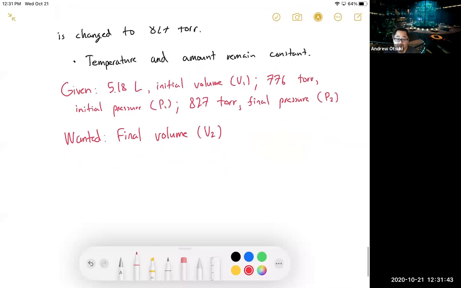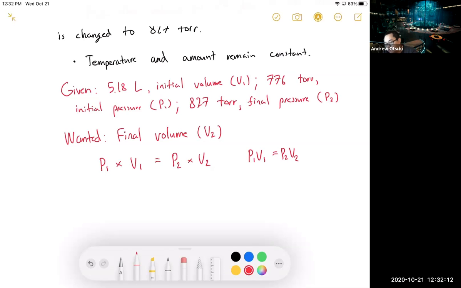So let's specify which equation we should use. We should use P1 times V1 equals P2 times V2. Just note that this is also written as P1V1 equals P2V2. When we stack together two variables, like X or Y, it's always a product. So it's always going to be P1 times V1.